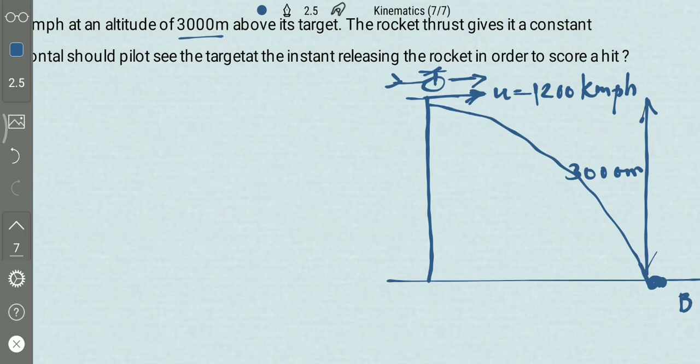So he is asking us to find what angle should be made with the horizontal, with what angle should the pilot see in order to fire at B. He is asking us to find that.